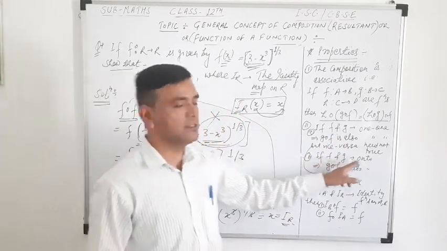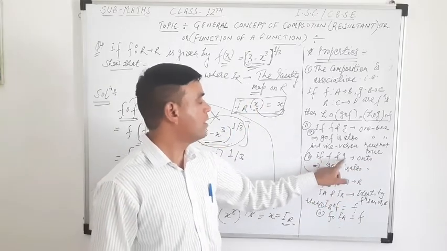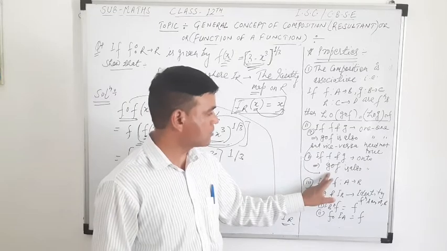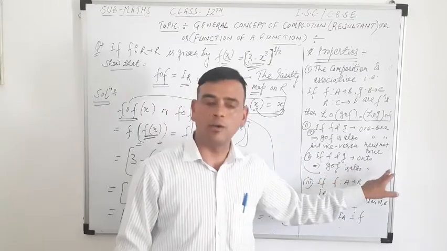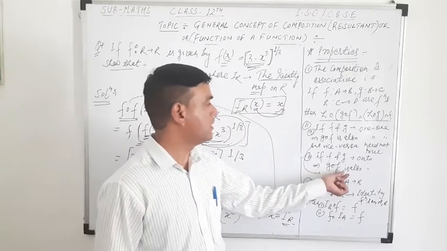Similarly, if f and g are onto functions, then the composite of f and g, that is g o f, is also an onto function. But again, the vice versa is not true.